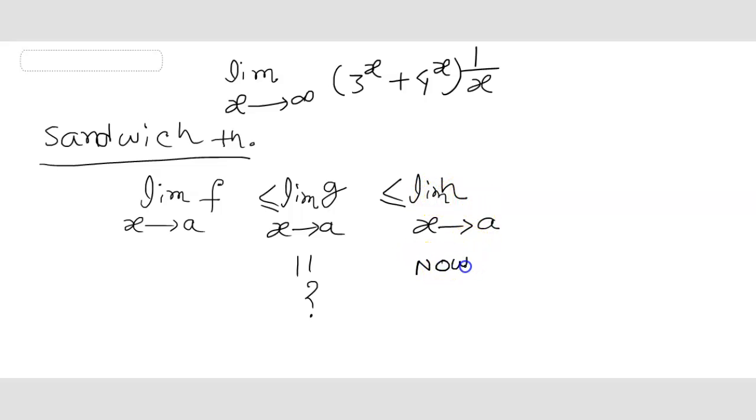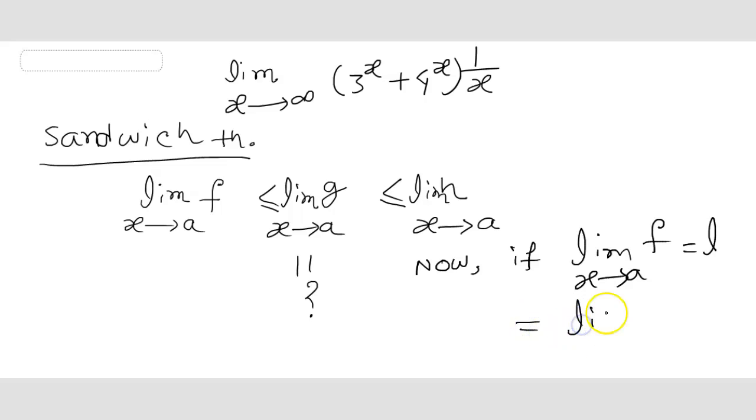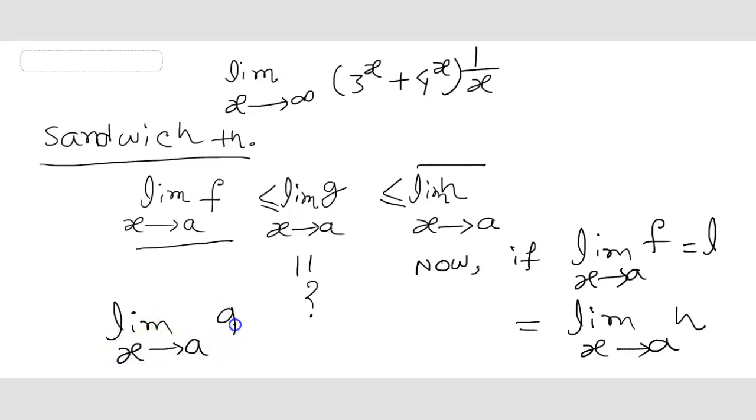Now, if the limit as x tends to a of f is equal to, say, L, and it is equal to the limit as x tends to a of h, that is, the left-hand limit and the right-hand limit are equal, then the limit of the middle function will also be the same, L. It is called a sandwich because this function sits in between these two functions.